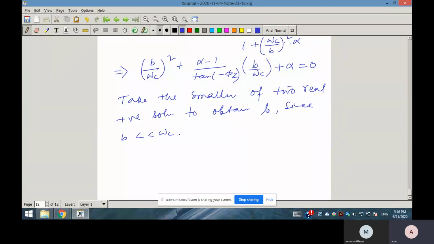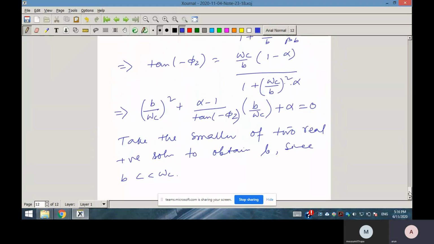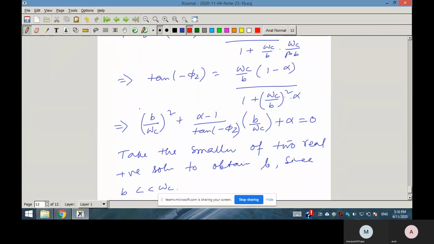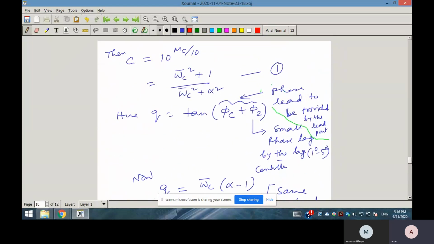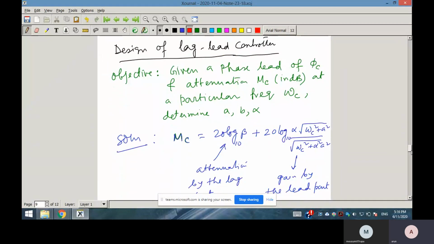So there are 3 steps. This is the last one. The design procedure is like this. First, you have been given a phase lead phi c and attenuation M c dB at some frequency omega c. You have to determine A, B, alpha and beta, where beta equal to 1 by alpha.